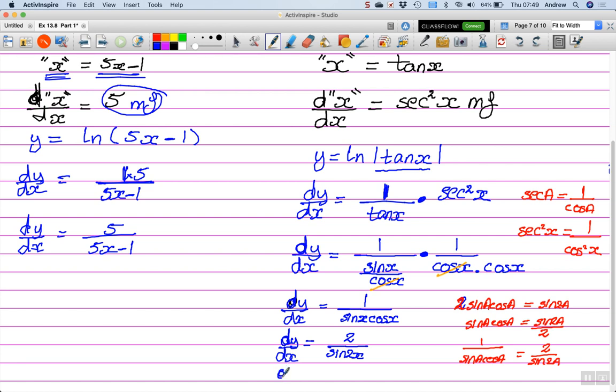So we've now got dy dx could be written as 2 cosec 2x, because 1 over sine is cosec.